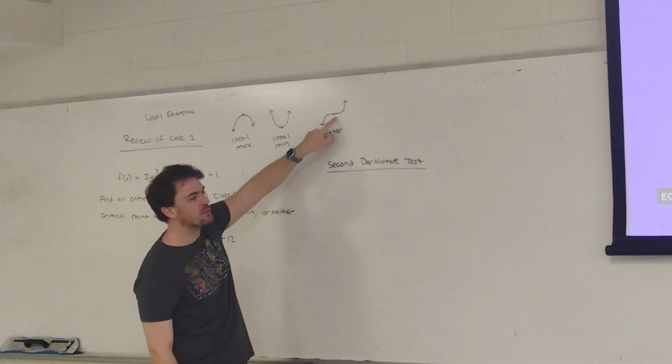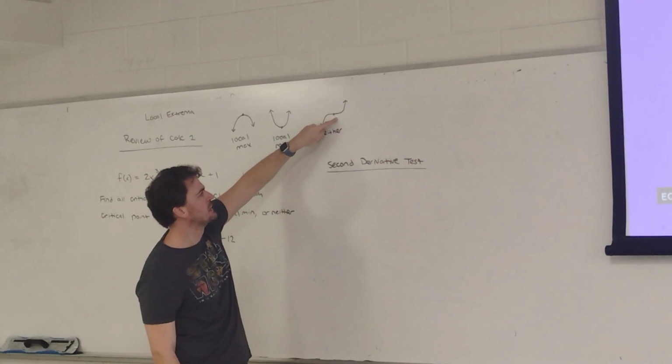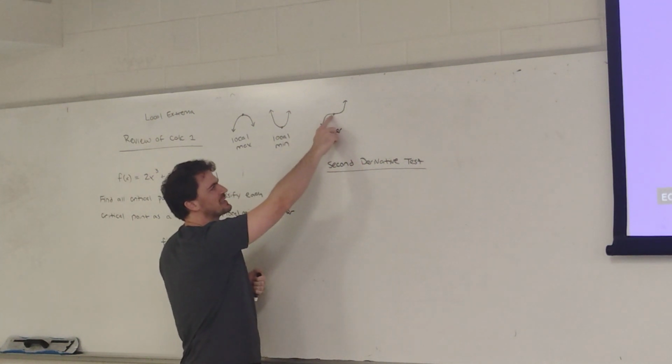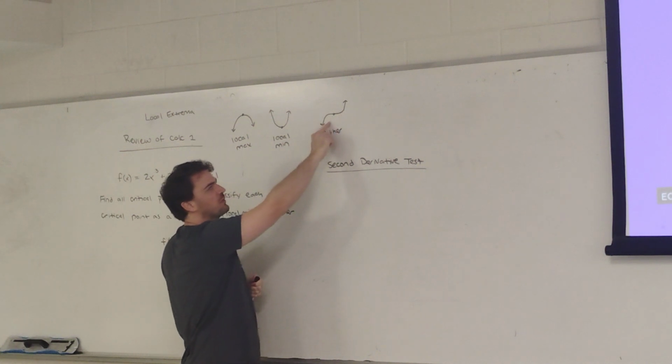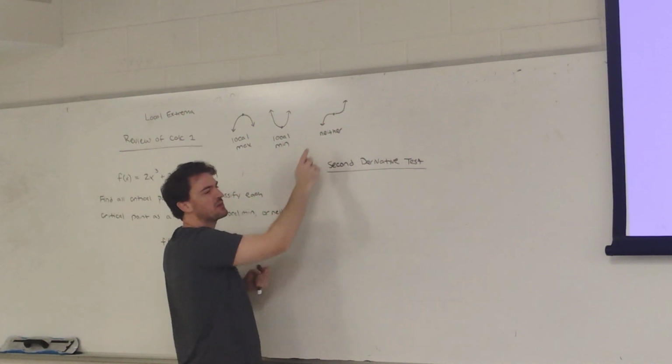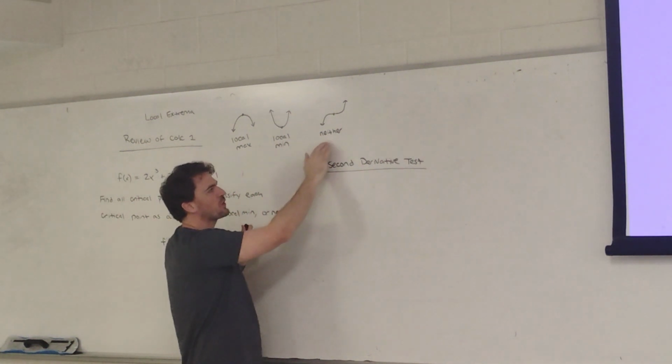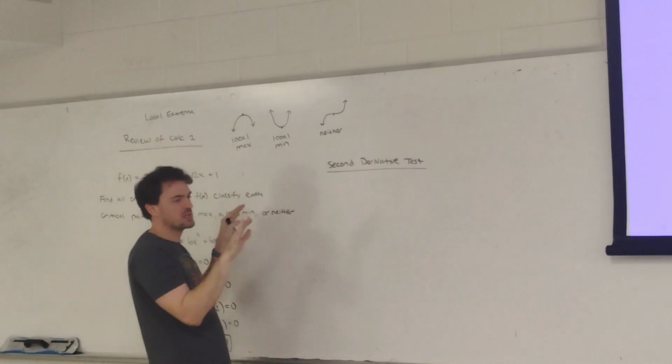And if we have a critical number, our first derivative equals 0, but our second derivative is also 0, I'm actually sitting at an inflection point. I am neither concave down nor concave up. I'm at a beautiful part where we transition. So if your first and second derivative equal 0, that was our neither case.